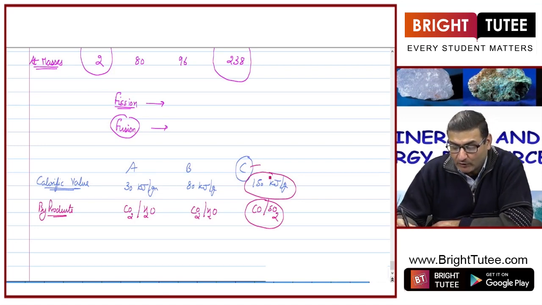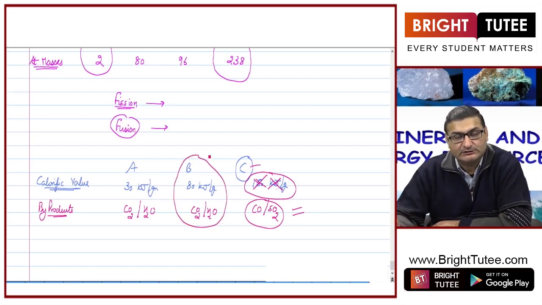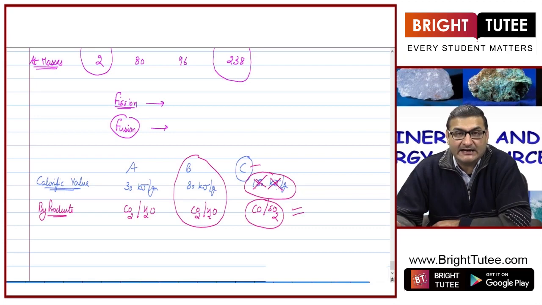So we will compromise with the amount of energy that it was giving. We need to see the long term effects. So now B will be our choice. We will say that among these three, B is a good fuel to be used.